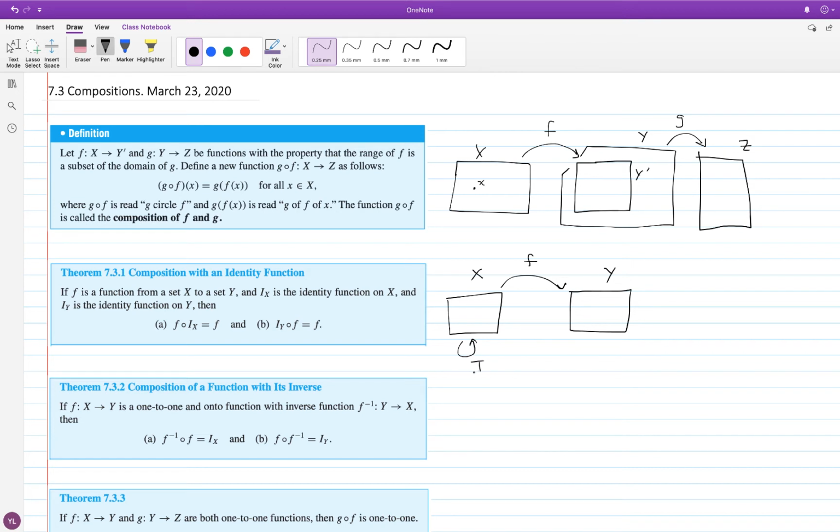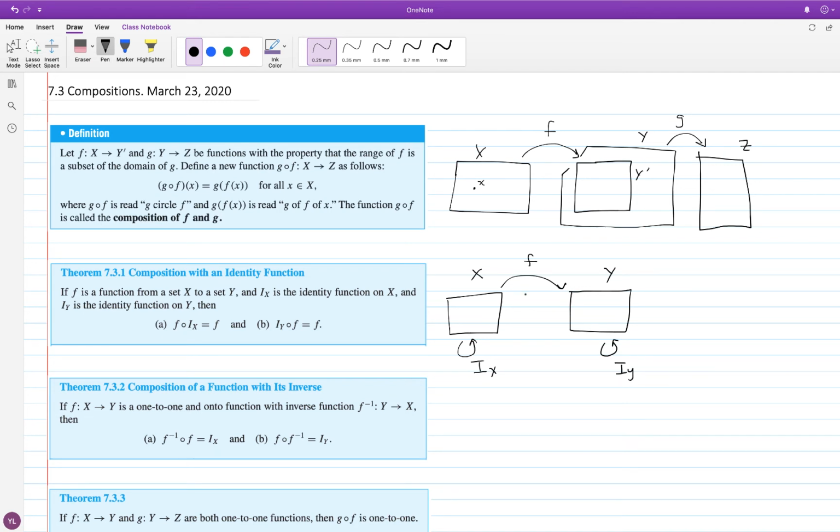So there's an identity function on the X set, which I can draw like this. The domain and the range of the identity function is the set X. And of course, Y has its own identity function, I_Y. And we can compose in a couple different ways.